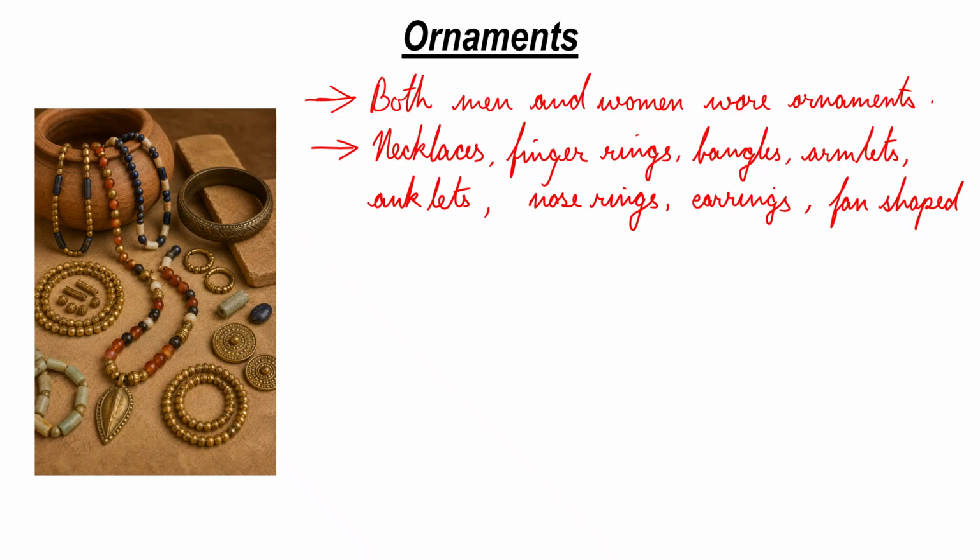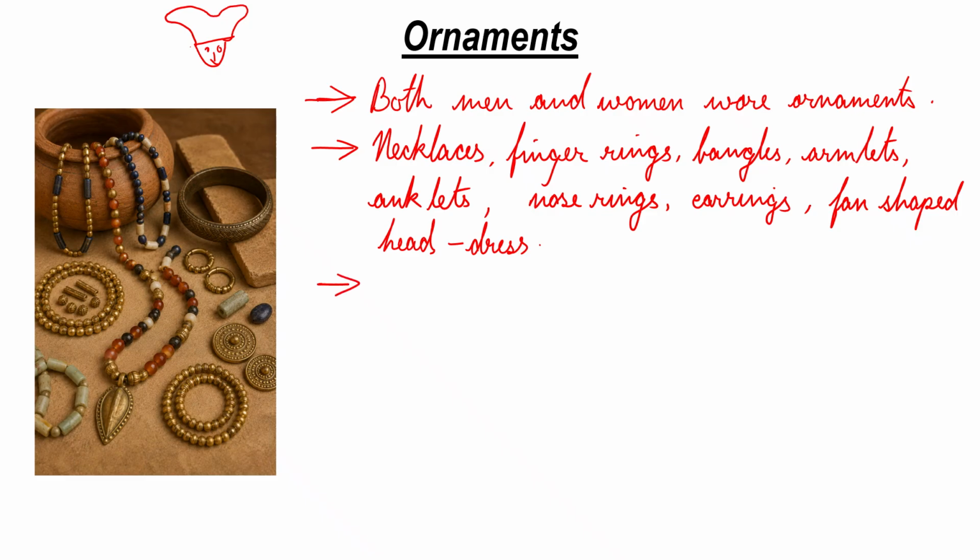Fan shaped headdress means it was like a crown. If a face is like this, then above the head there will be a design like this. So just like a pagri but in fan shape. This was very much common.